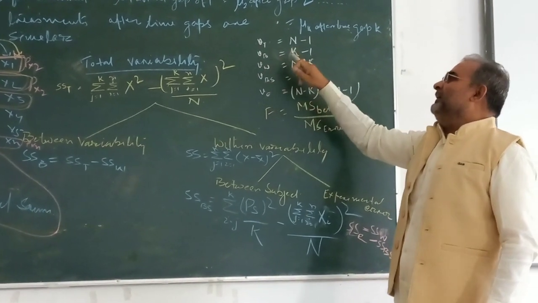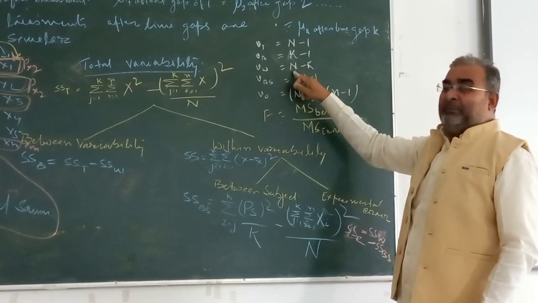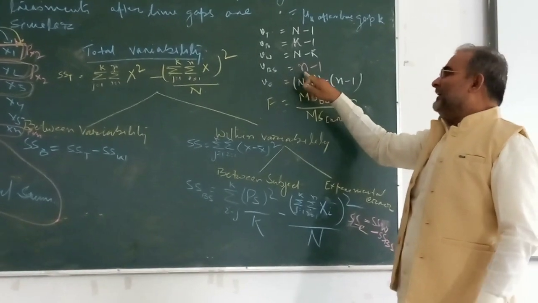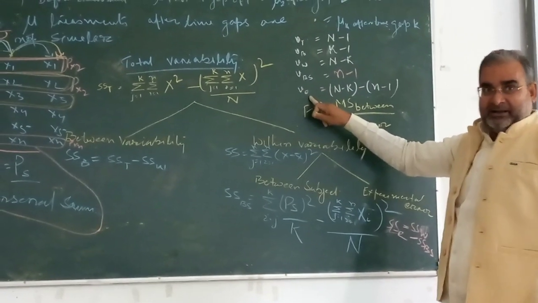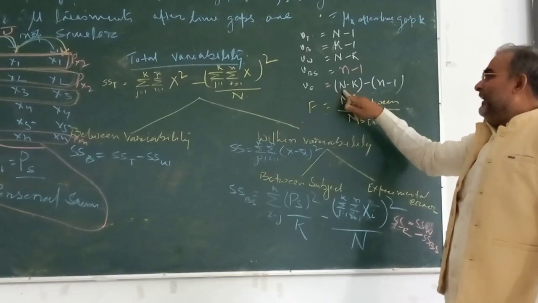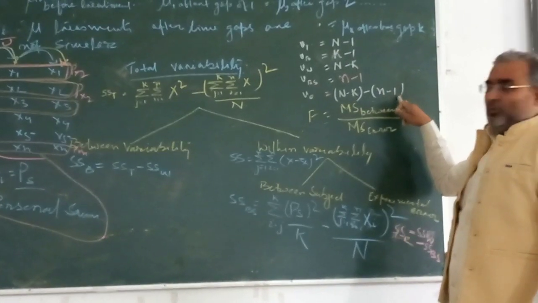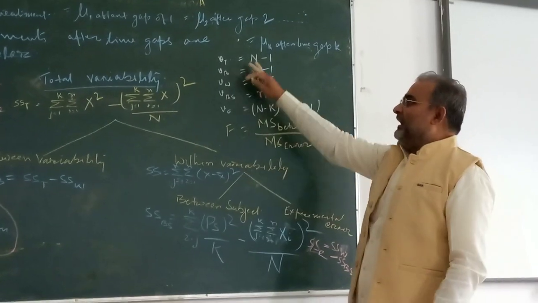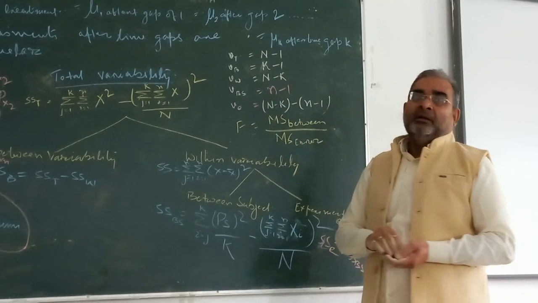Degree of freedom between is k minus 1, degree of freedom within is N minus k, degree of freedom between subjects is small n minus 1, and degree of freedom of error is capital N minus k minus small n minus 1.